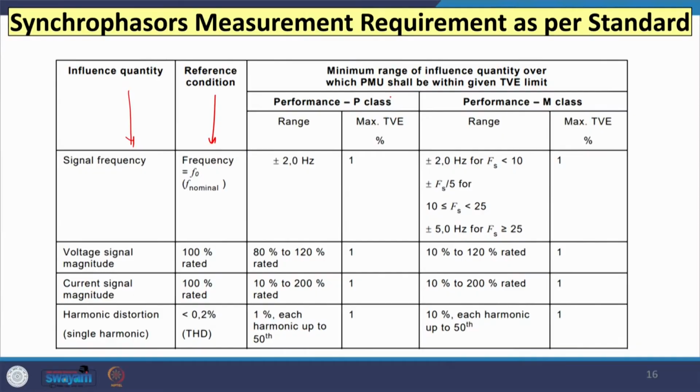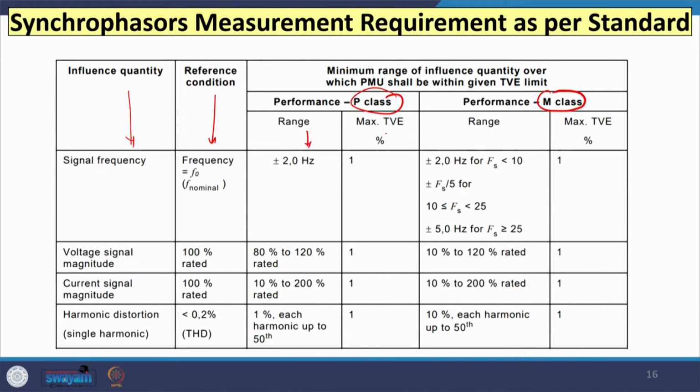For both P-class and M-class PMU, the performance is given in terms of the maximum allowable total vector error and the range of frequency. So for a particular range of frequency, how much maximum total vector error in percentage is allowed for P-class PMU, and the same for M-class PMU.